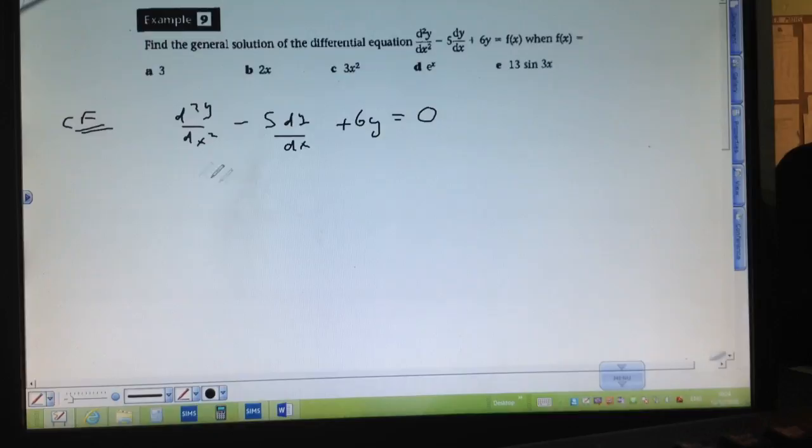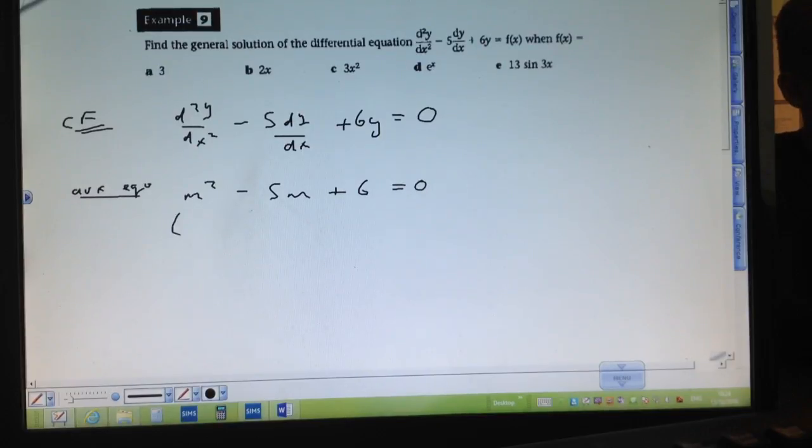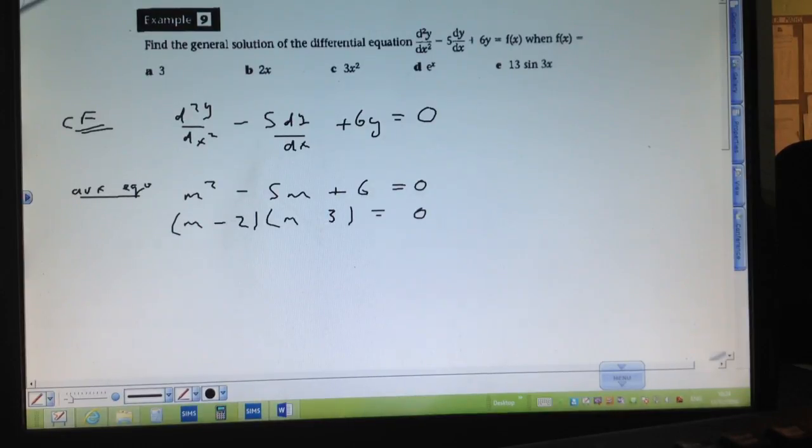format that we look at, and we find the auxiliary equation, the aux eq, which is going to be m squared minus 5m plus 6 is equal to 0. We're going to factorise, and I think that's going to be 3 and 2, and they're both minus.